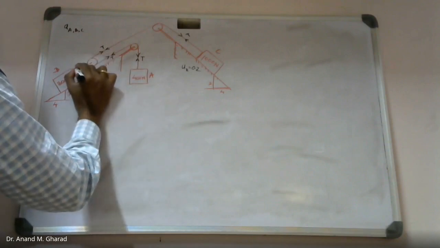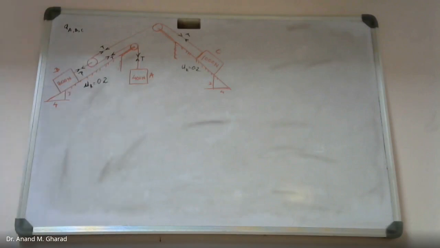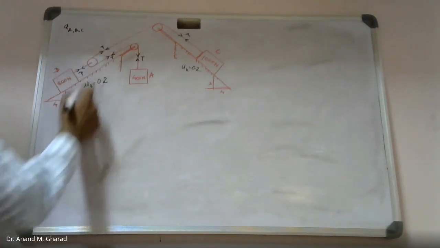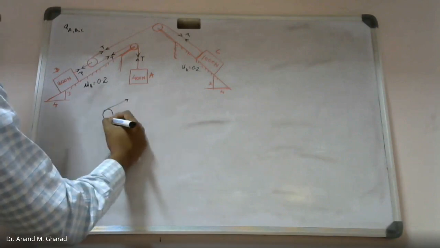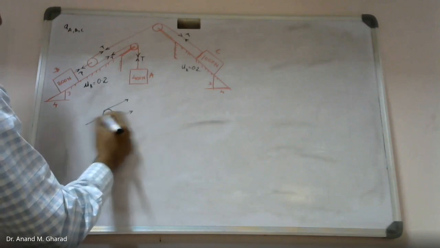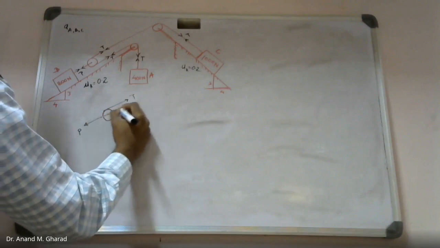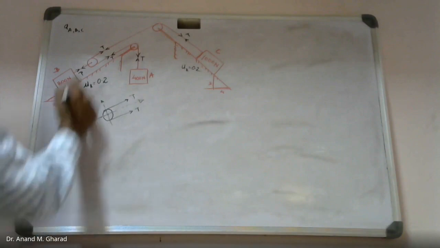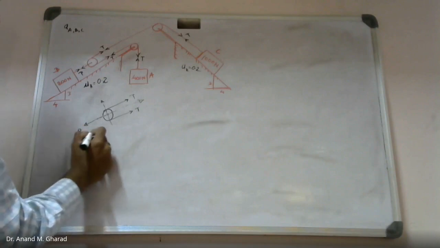Accordingly, what should be the value of, let's say, P over here? Last time we had discussed, if I consider the free body diagram of, let's say, this portion only, the free body diagram is something of this sort. This is P, this is T, T. And if I consider this to be the axis, and since we are saying that it has internal force, that means everything is in equilibrium.